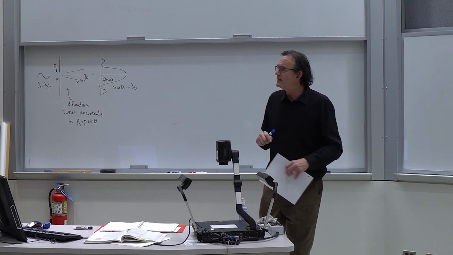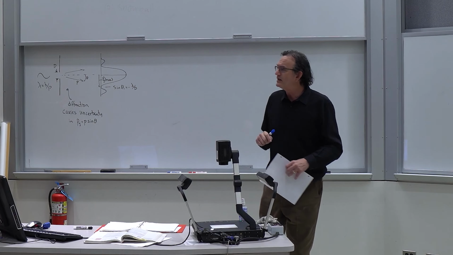Delta y, which will be a maximum error, times the uncertainty in delta p sub y, which is the maximum uncertainty in the y component of momentum, is going to be equal to d over 2 times h over d, and that's equal to h over 2.